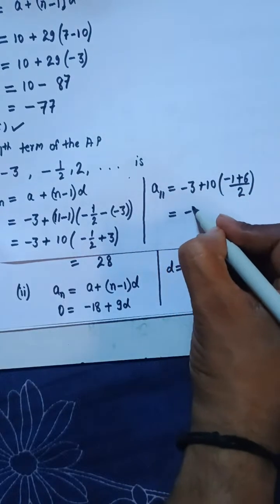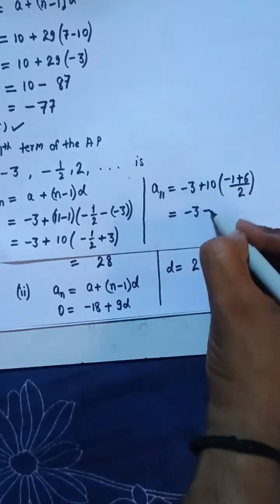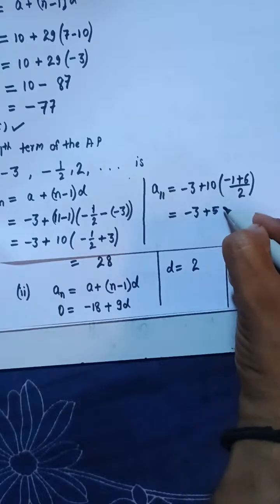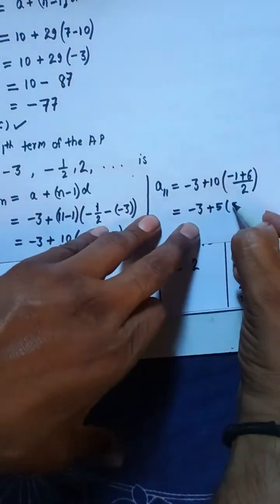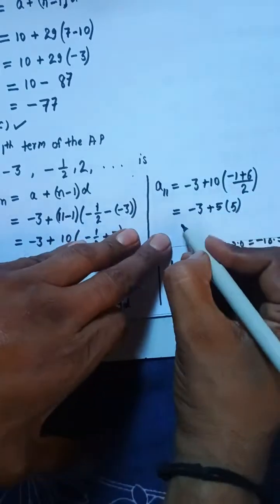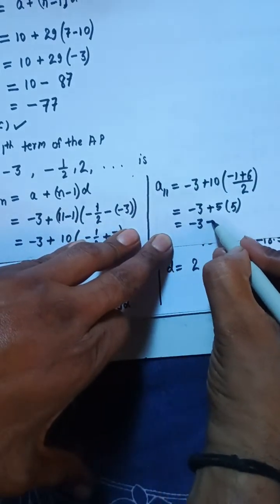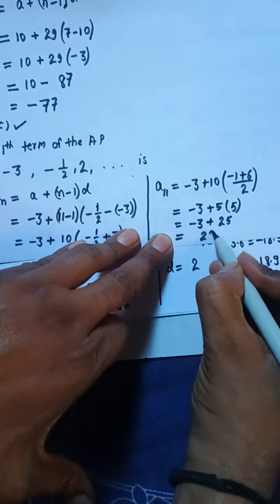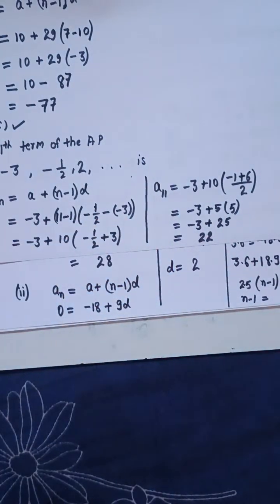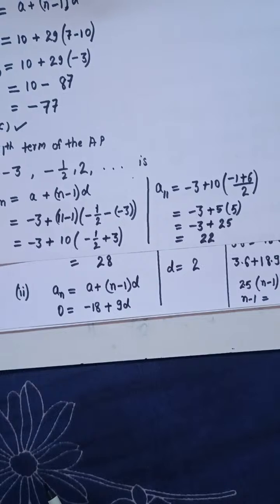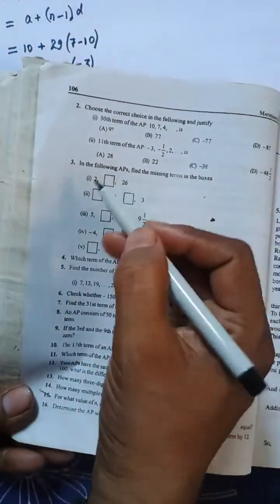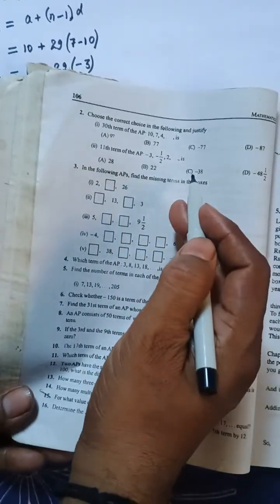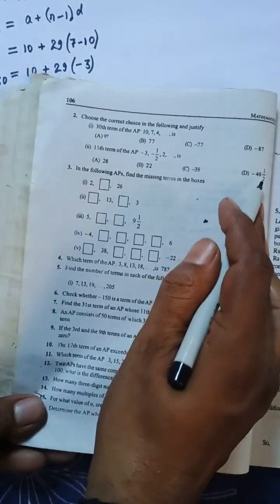So an is equal to -3 plus 25. You need to have a little patience. 3 from 25 is 22, so 22 is the answer, right. Let's check what is given in the options, which one is given here. You can see this question: 28, 22, -38 and -48/2, so this is option B, 22 is the correct one.